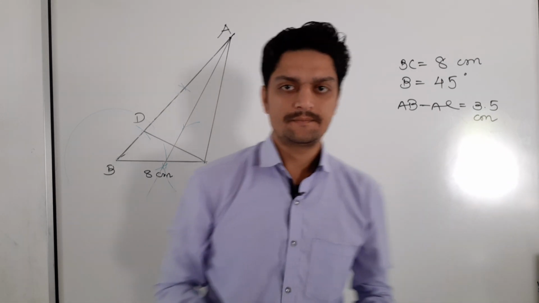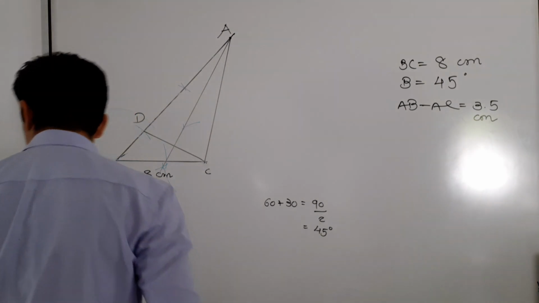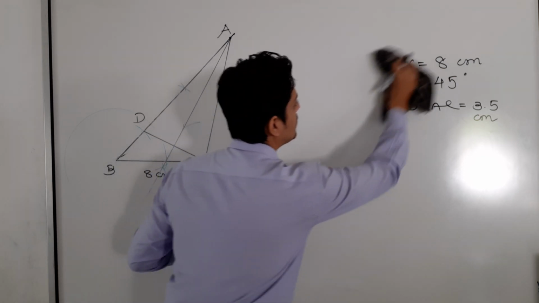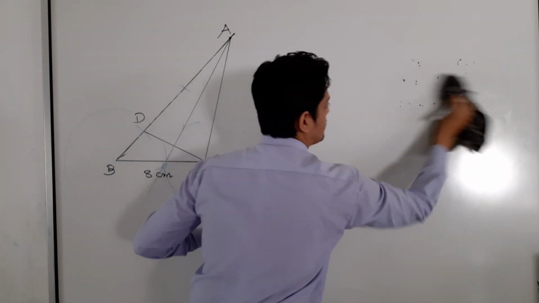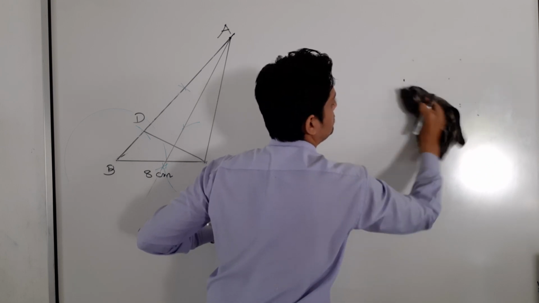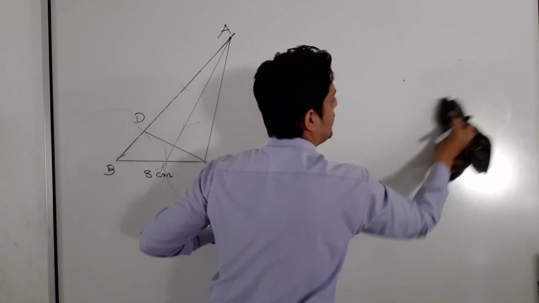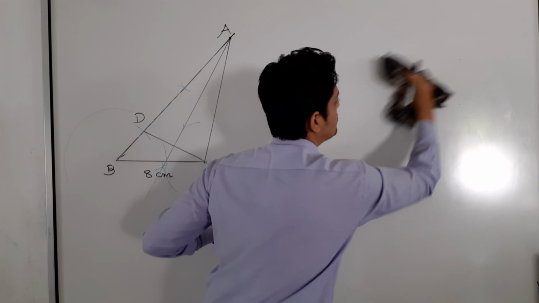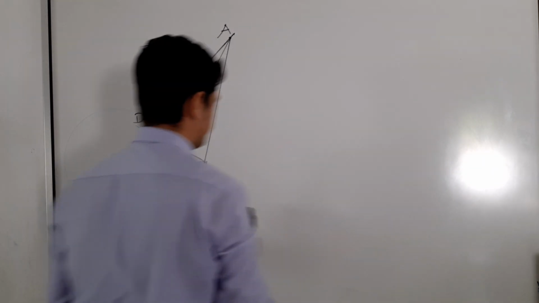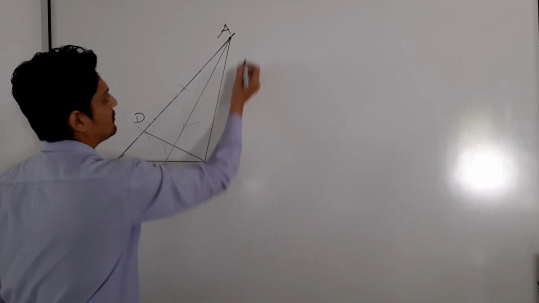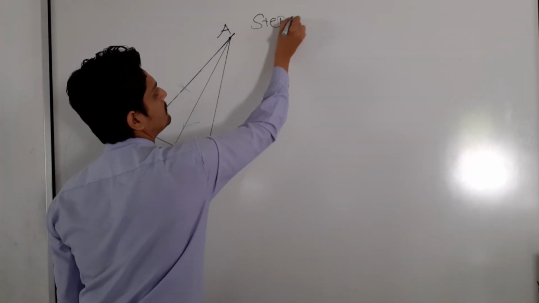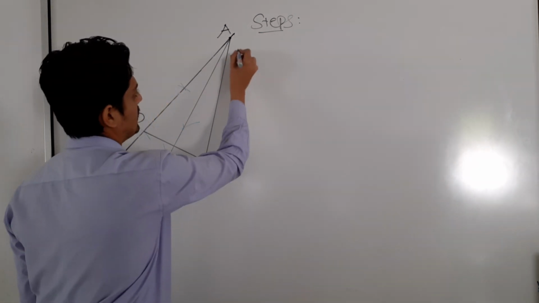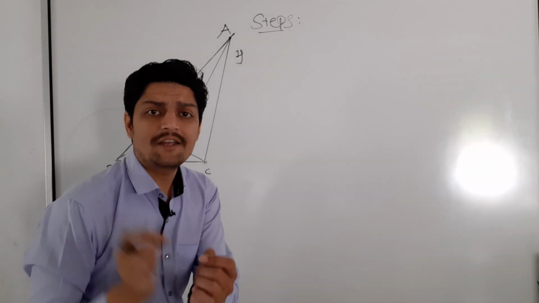For example, I will write all the points for this second construction, but for the first construction you have to write the points yourself. It's called steps of construction. I should write only what I have done.